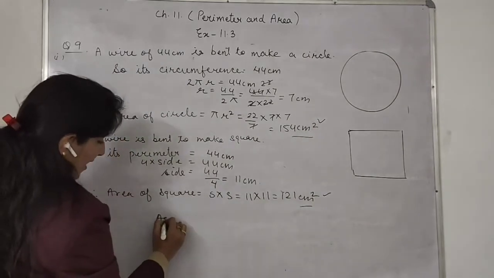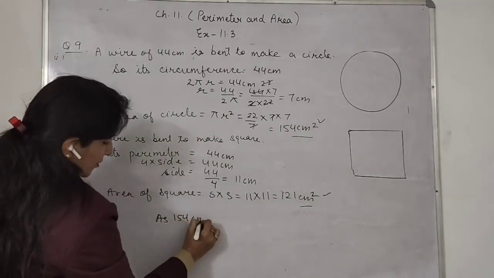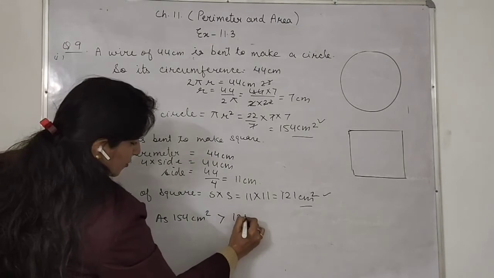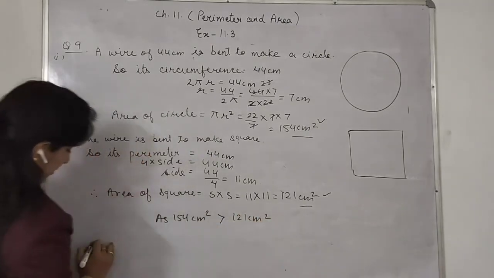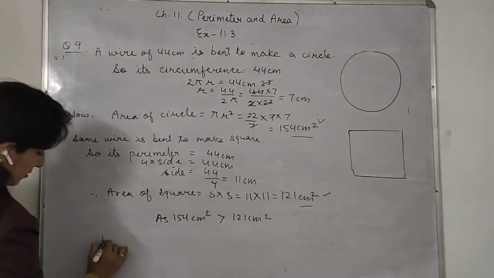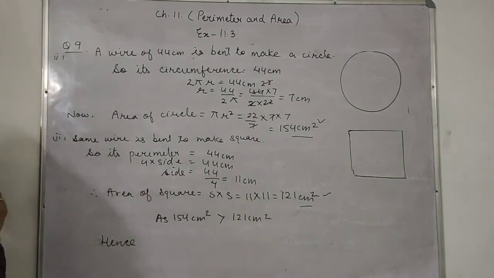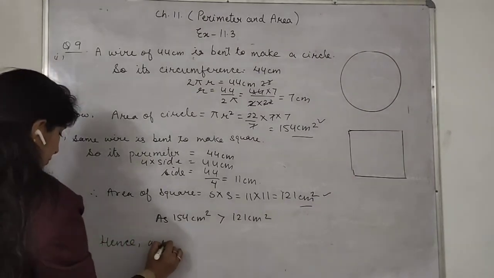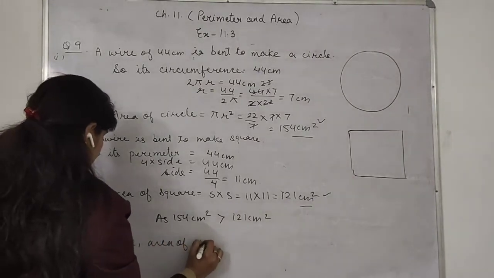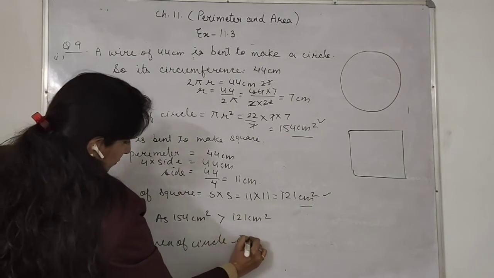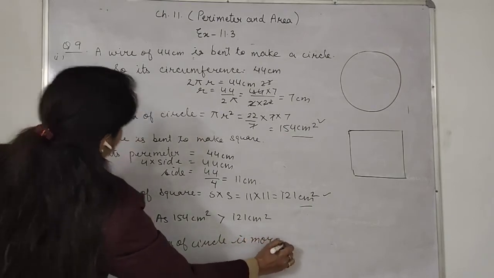So we can say 154 centimeter square is greater than 121 centimeter square. Hence, who is holding the more area? Hence, the area of the circle is more. So this is the complete question and answer.